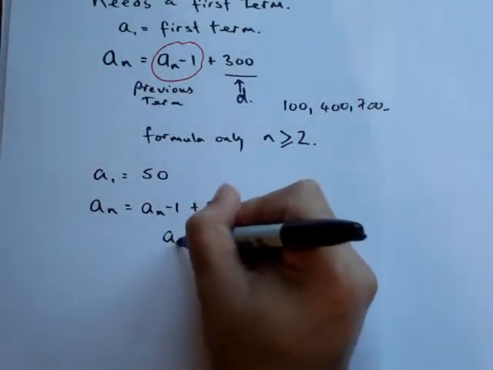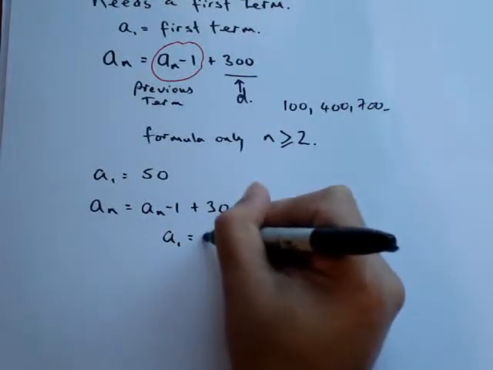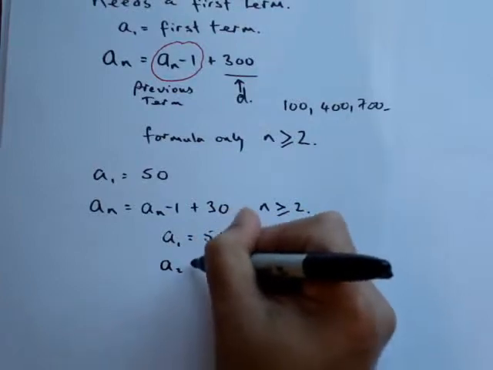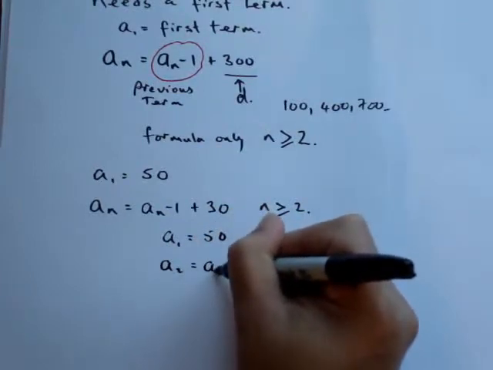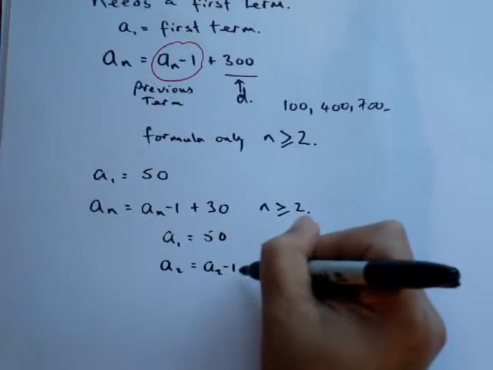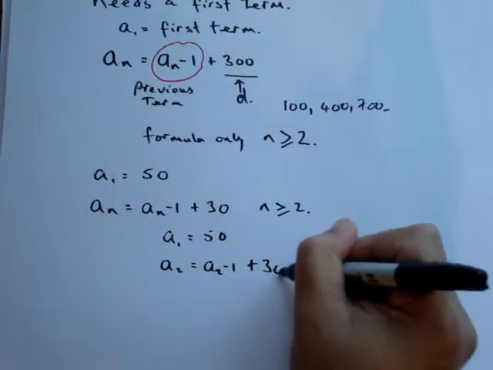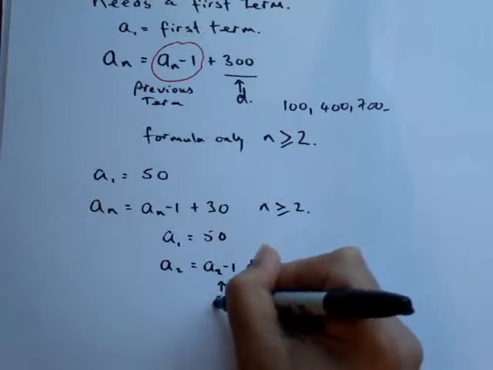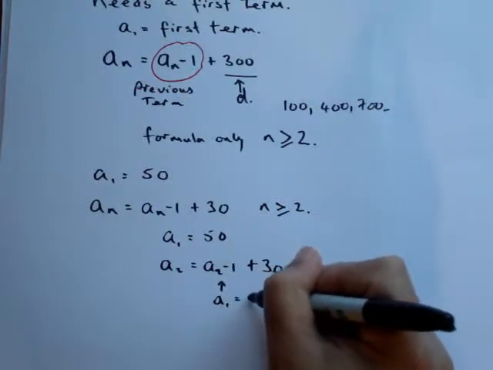So A1 is 50, A sub 2 is A sub 2 minus 1 plus 30. This is nothing but A1, which is 50.